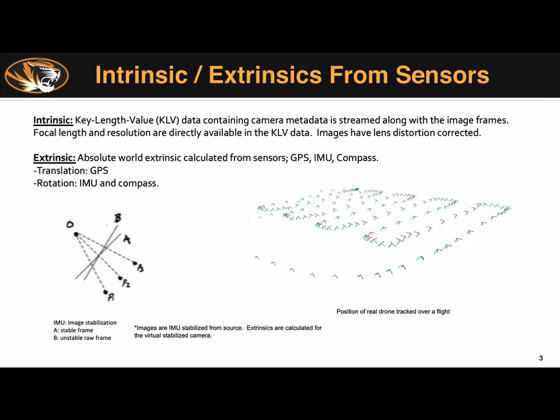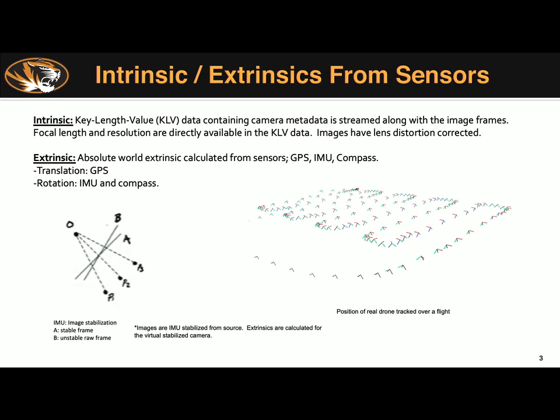For the intrinsics here, we're going to be talking about both simulated and real-world applications of this method. For the simulated method, we have the exact camera intrinsics, so we have everything needed to undo the lens distortions.